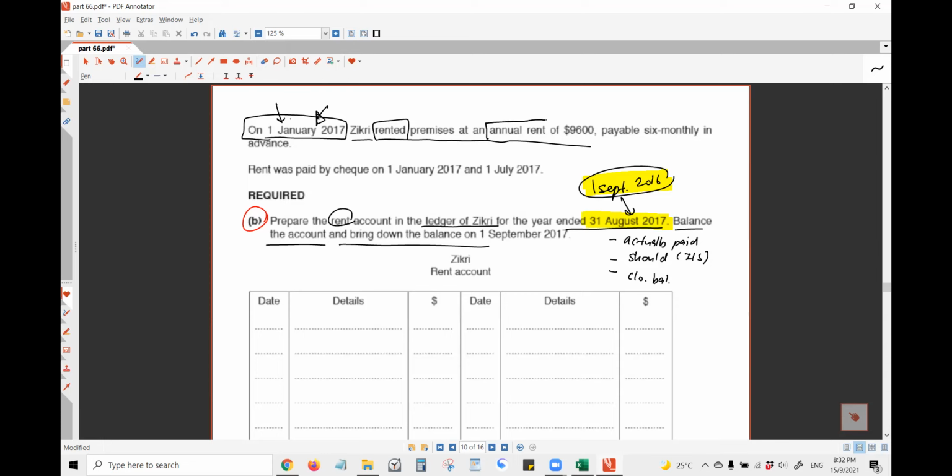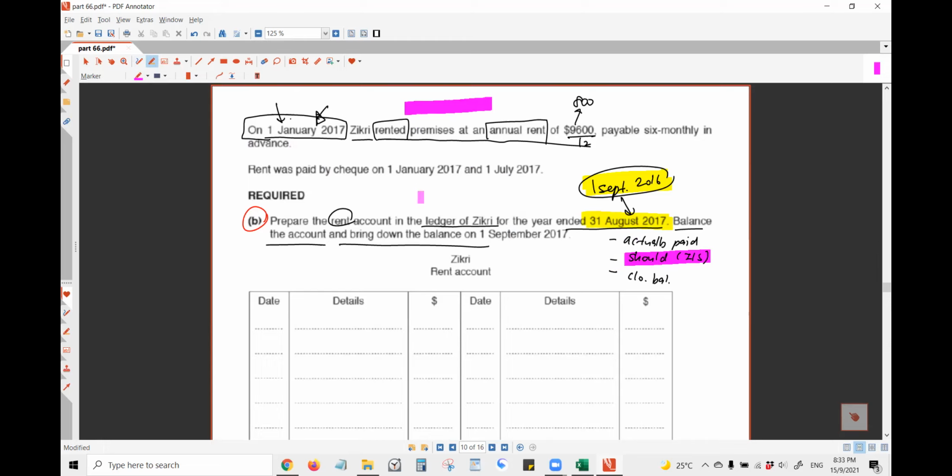And an annual rent of 9,006. That means every month, Decree should pay how much? So you divide it by 12. 800. Now, from the first sentence, we can in fact try to find the amount Decree is responsible to pay during the year, the IS amount.